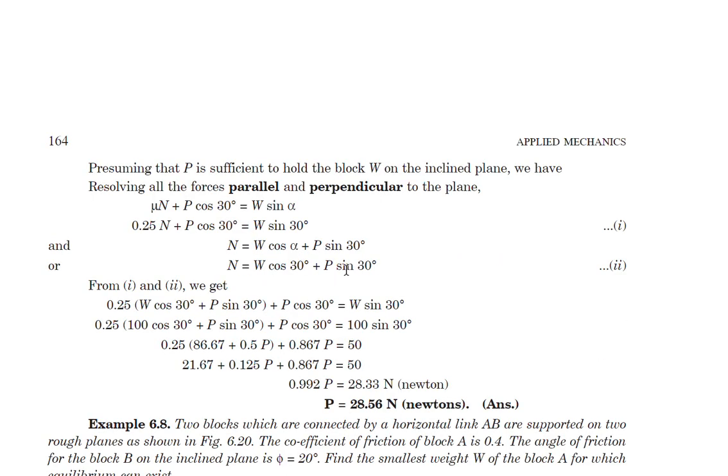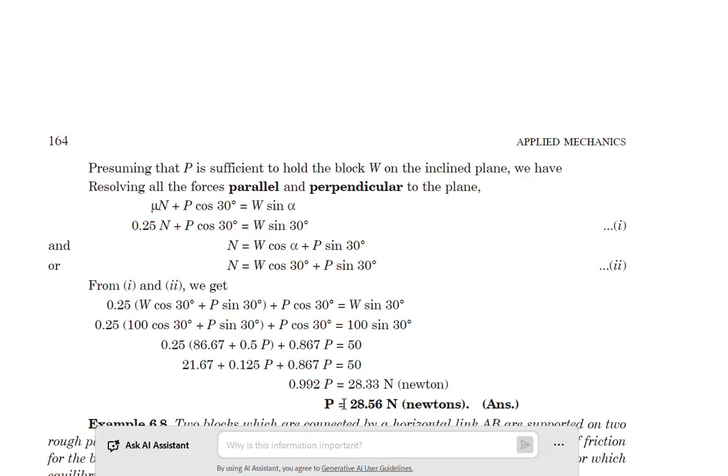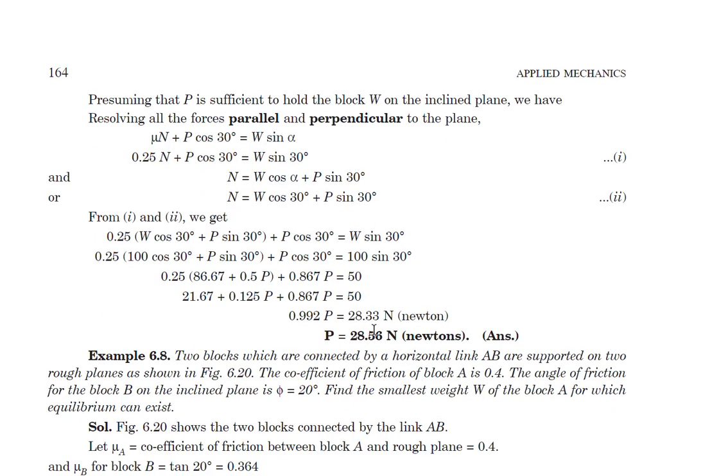So the second equation is like this, and since N is unknown, we can replace N from these two equations, and the remaining equation will give us the force P. This is given over here. After solving, you get this.